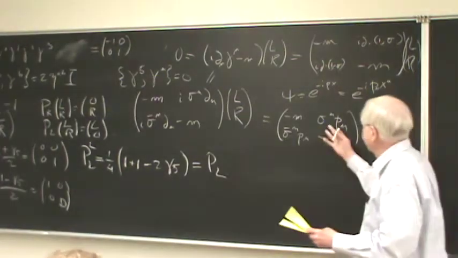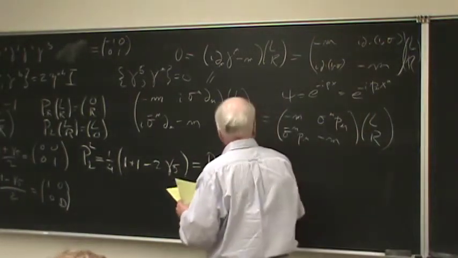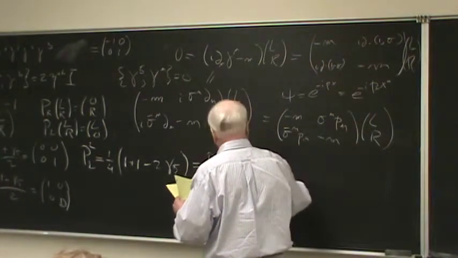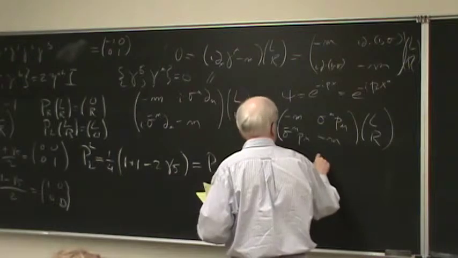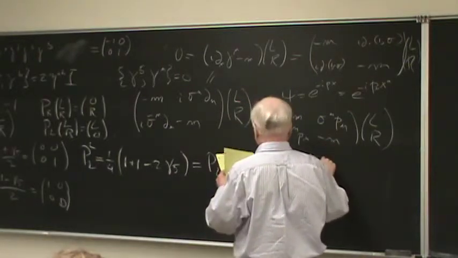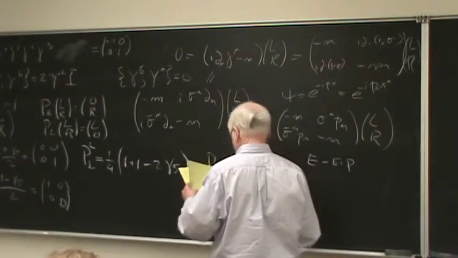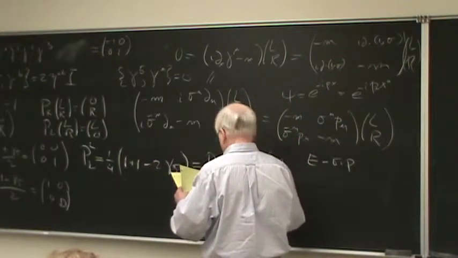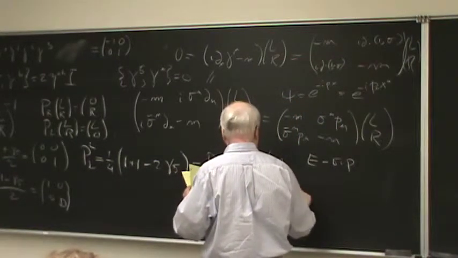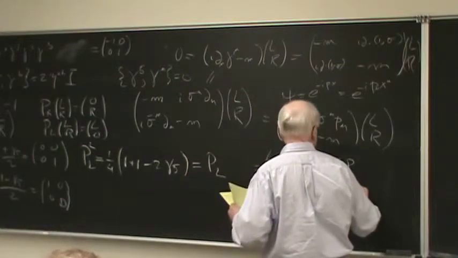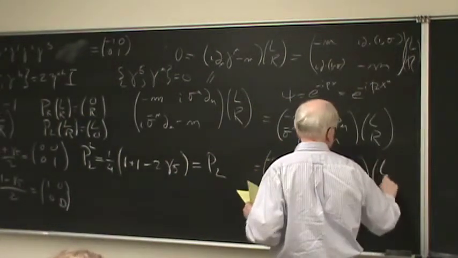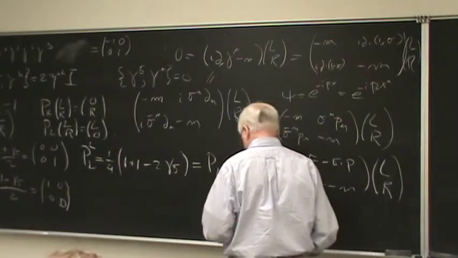And if we split this up, this is equal to minus m, E minus sigma dot p because of Schwartz's metric. Here it's E plus sigma dot p, and then minus m, and then L R equals 0.